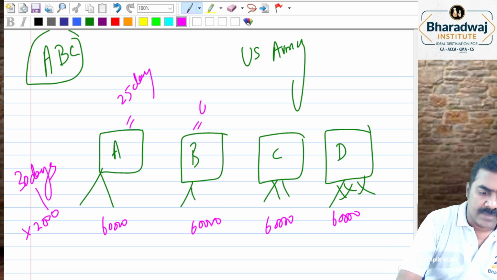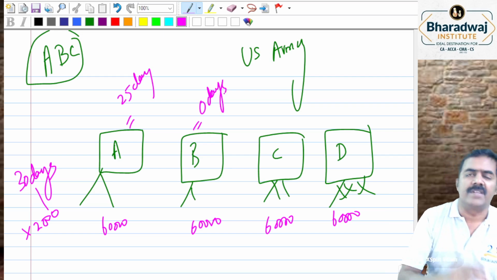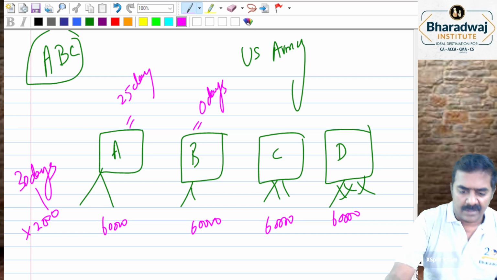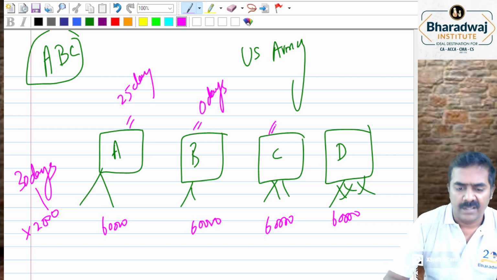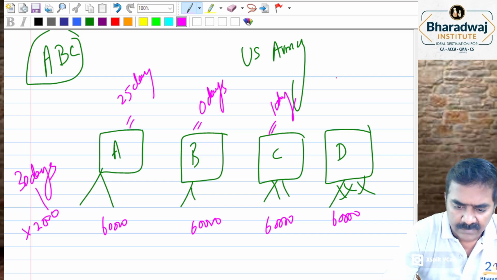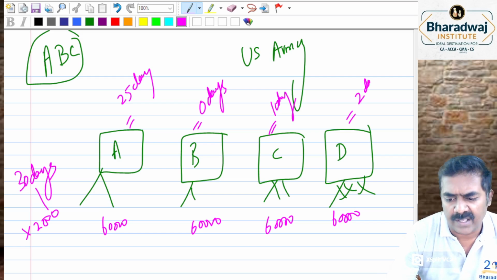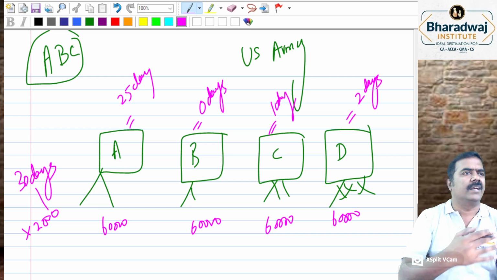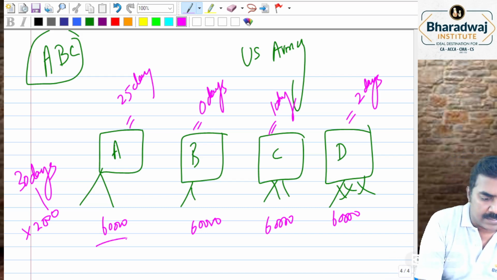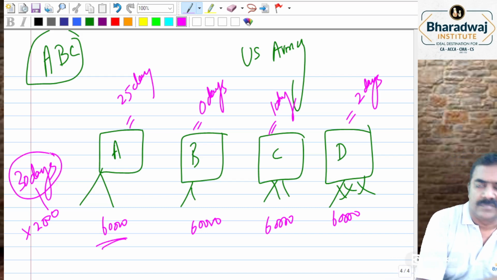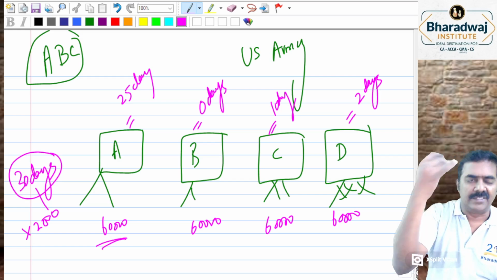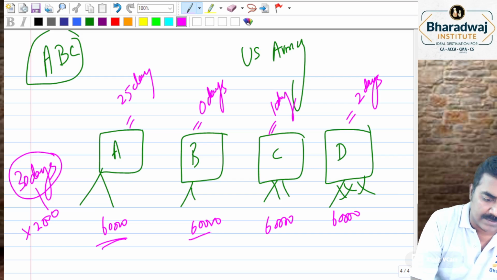Troop B, 0 days of war, which means they were just waiting. Troop C, 10 days of war. Troop D, just 2 days, they were attacking, etc. Now $60,000 is assigned based on time: 30 days into $2,000, $60,000 for each troop.